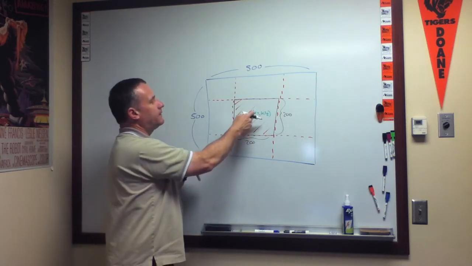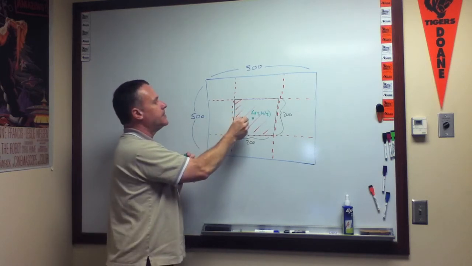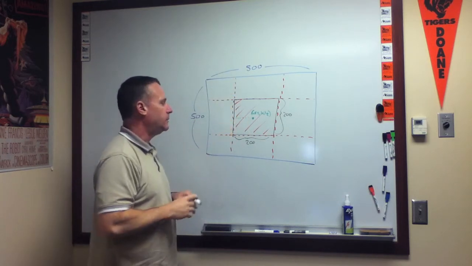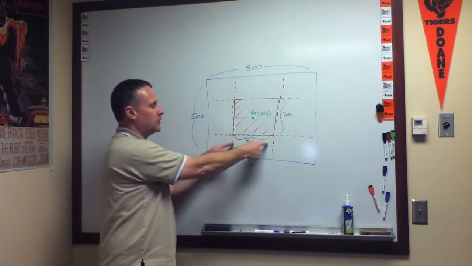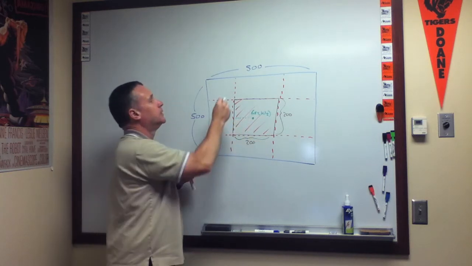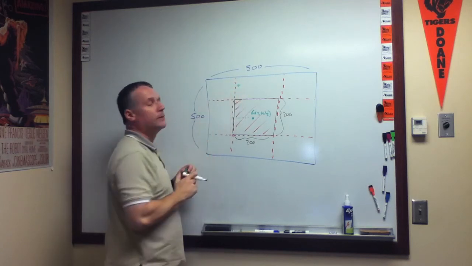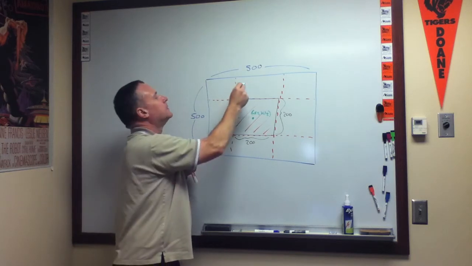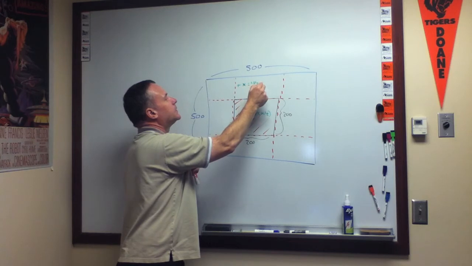So if this is the center, then this up and down line here would be 100 pixels away from the center because the whole square is 200. So this line here would have an x value that's equal to the center minus 100.